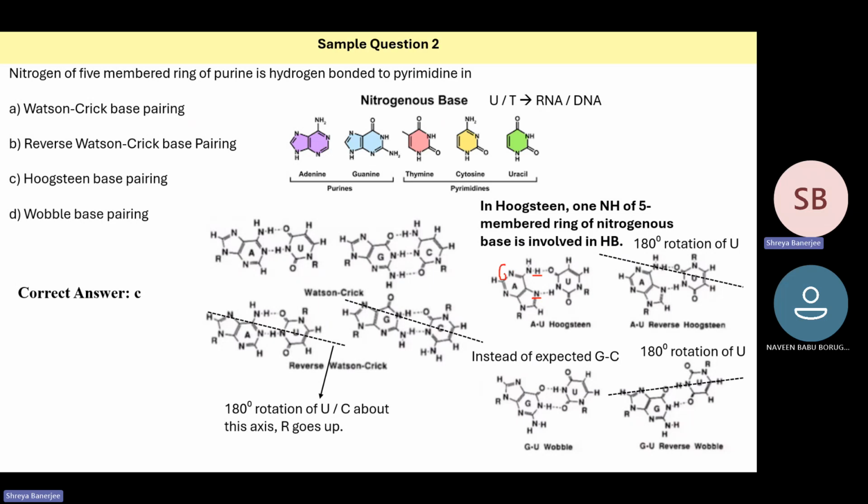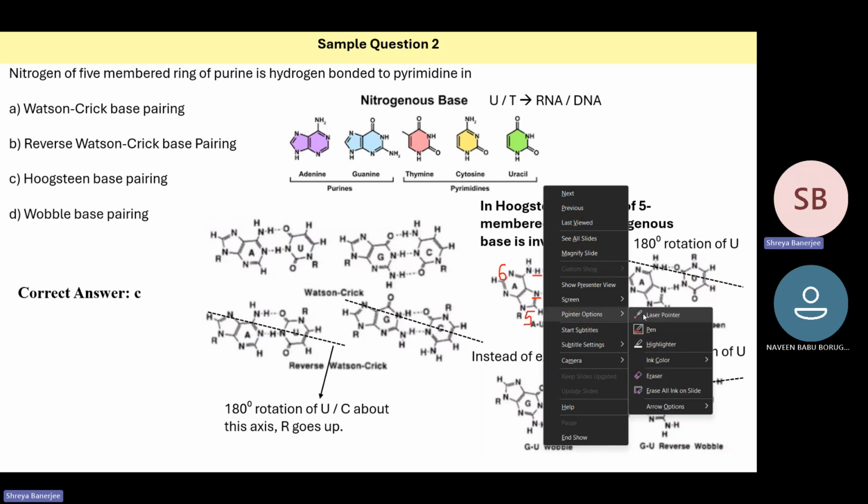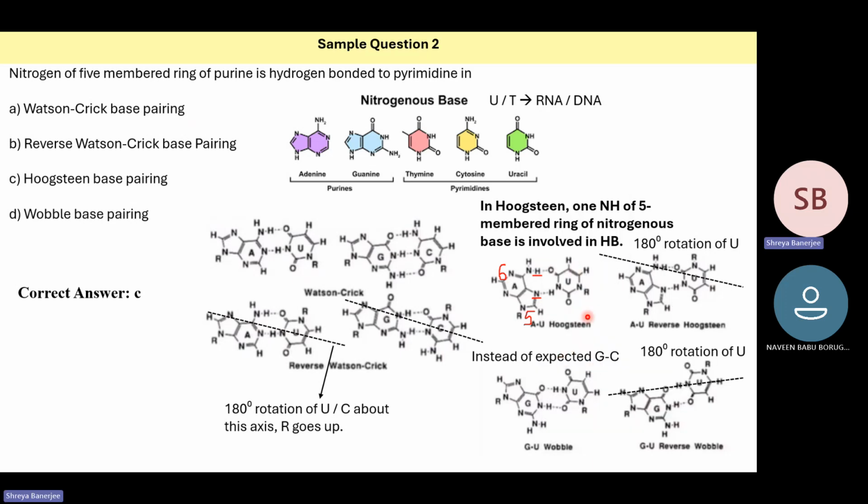So both the 6-membered ring and the 5-membered ring are participating in the hydrogen bonding in Hoogsteen base pairing. And the third kind of base pairing is called Wobble base pairing, where the pairing itself is different. So G does not pair with C, it pairs with U. So when the base pairing is different from the expected Watson-Crick, that is called Wobble base pair.